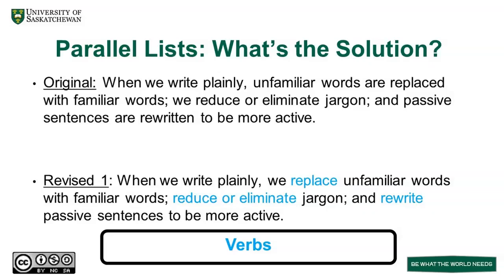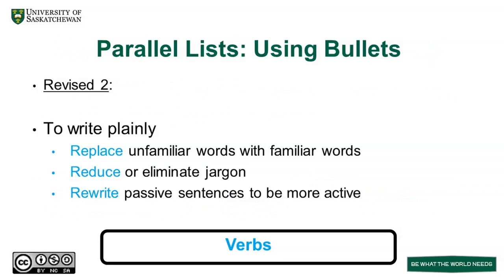But I also want to bring to your attention another possibility that exists when you are presenting information in a parallel list, and that is the all-powerful bullet list. Now, depending on the context in which you are writing, a bulleted list may not be appropriate.